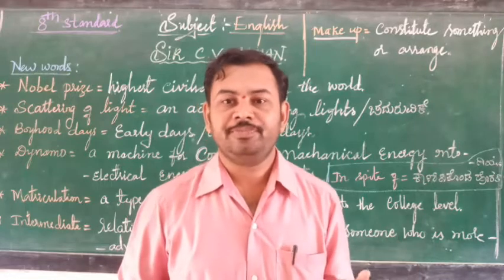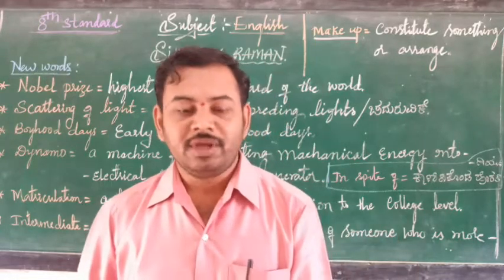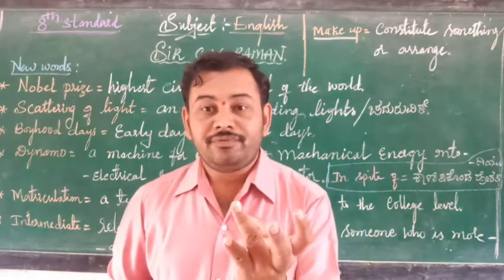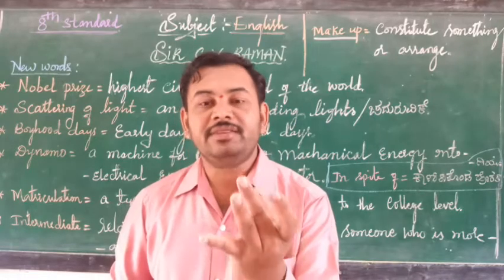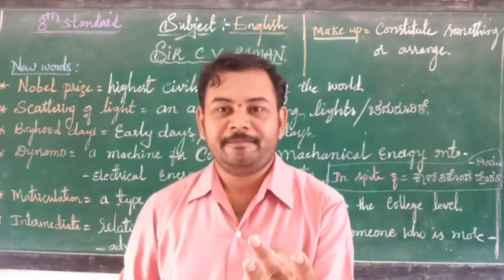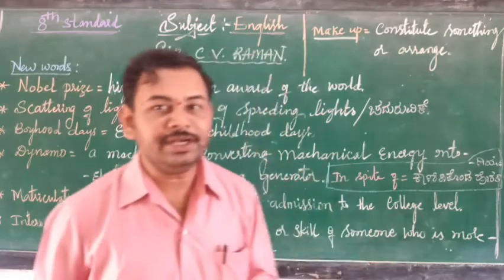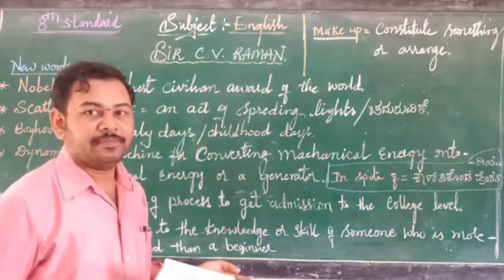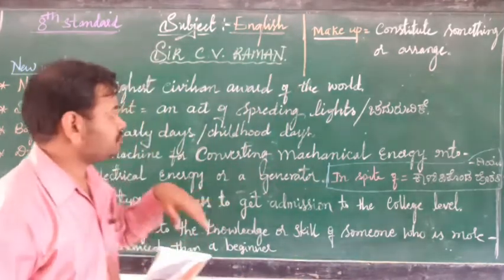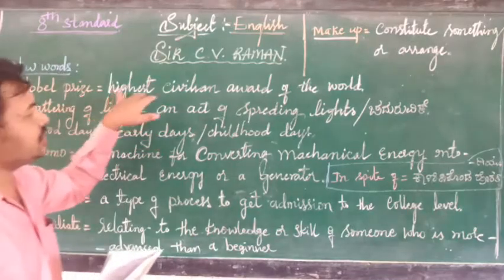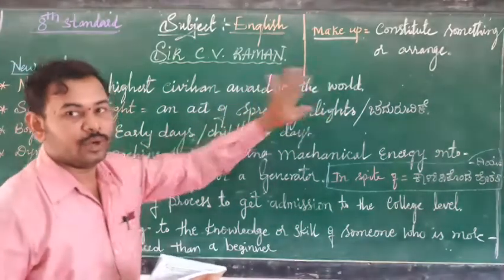Along with that, in the field of economics, literature and peace. So these are the fields in which the Nobel Prize is given. So, the highest civilian award of the world.